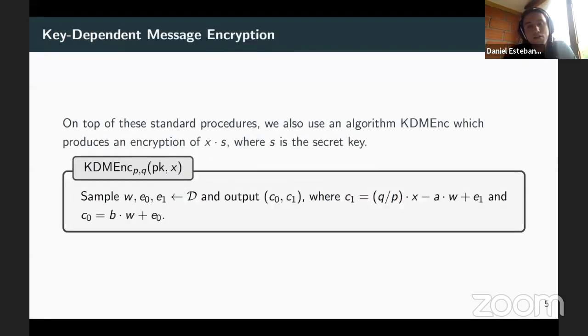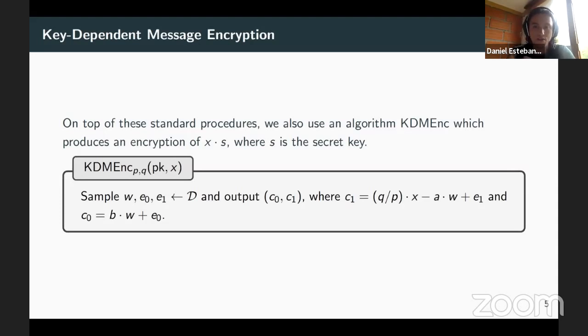And we also need this other important property of this encryption scheme. Usually when you encrypt something, you shouldn't need the secret key at all. With this type of encryption, you can actually obtain an encryption of any plaintext you want times the secret key without ever knowing the secret key. The way it works is as follows. You define C1 and C0 in a very similar way as before.